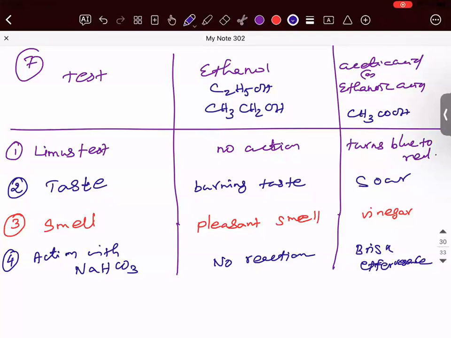And then, the eighth question you will see: why does micelle formation take place when soap is added to water?